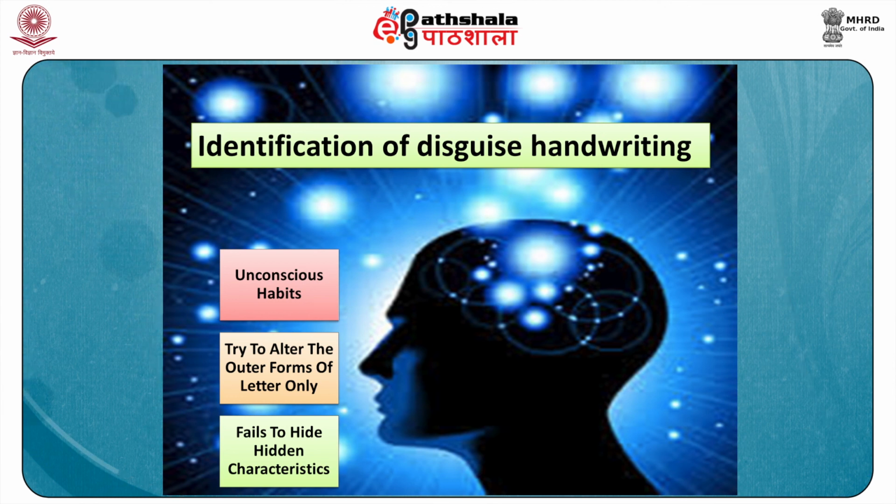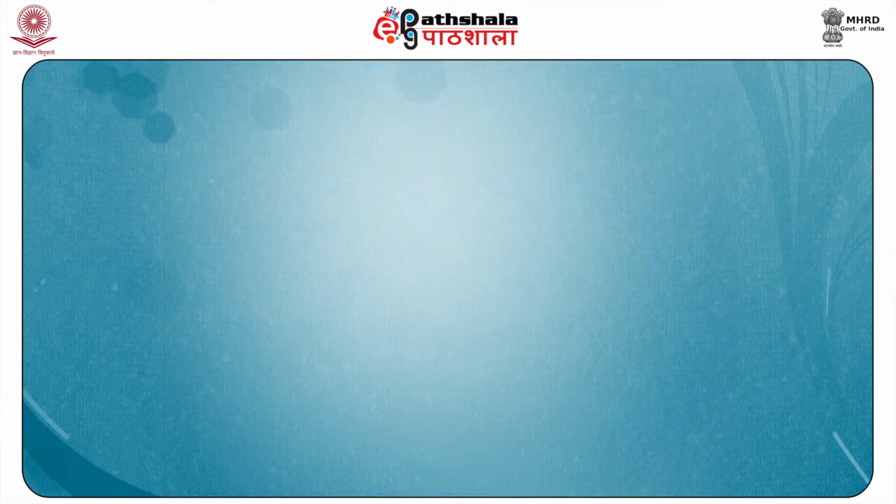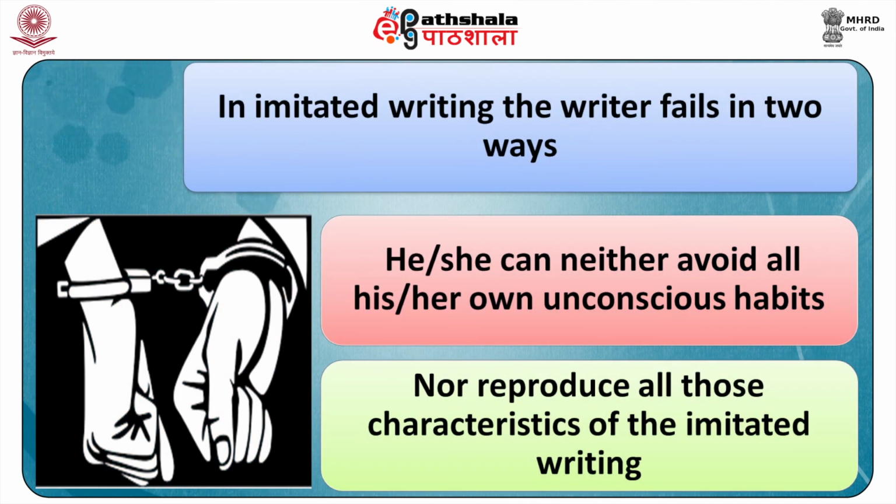The efforts in disguised writing fail due to the inability of the writer to hide his own unconscious and habitual characteristics. In imitated writing, the writer fails in two ways. He can neither avoid all his own unconscious habits nor reproduce all those characteristics of the imitated writing, nor can he assume the unhesitating and natural facility with which natural writing is executed.